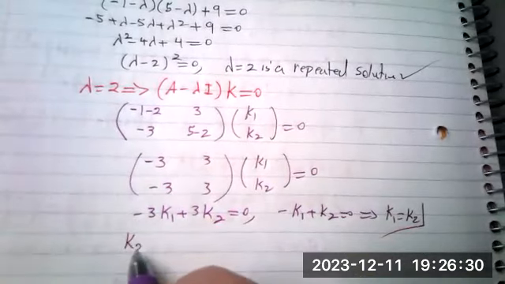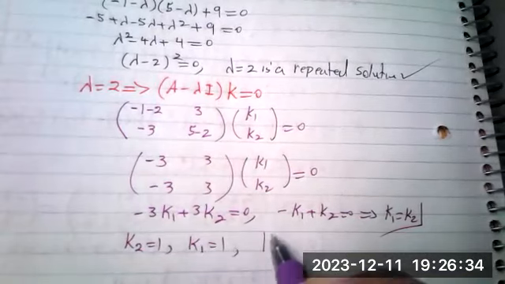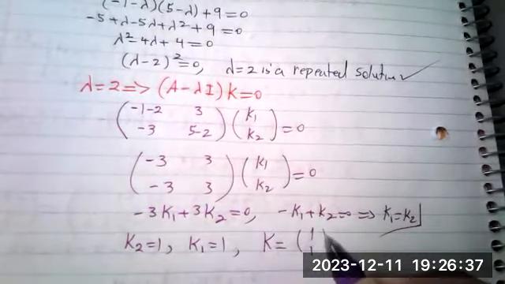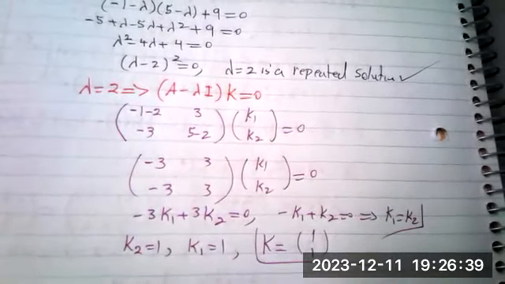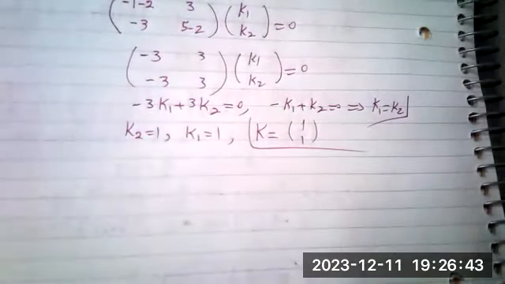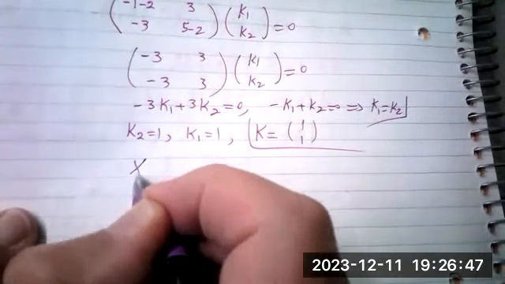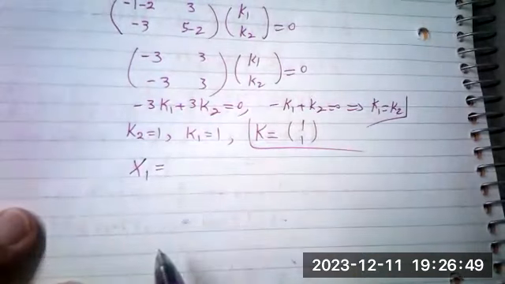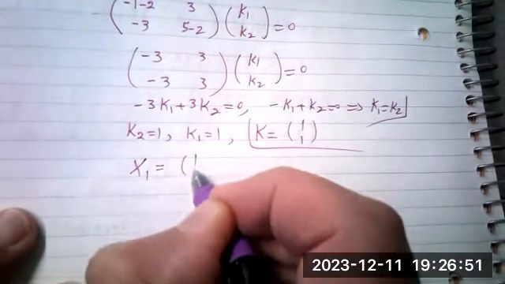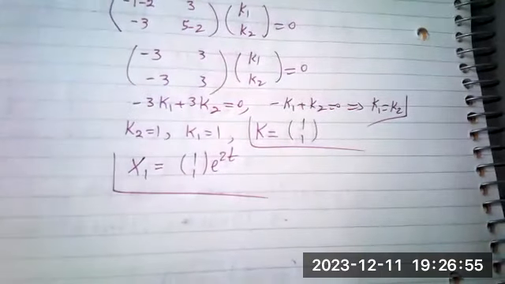One choice is k2 equal to 1, k1 equal to 1, so the vector is 1, 1. That's the first one. Your first solution, x1, is going to be 1, 1 e to the 2t. But you have to find the second one.